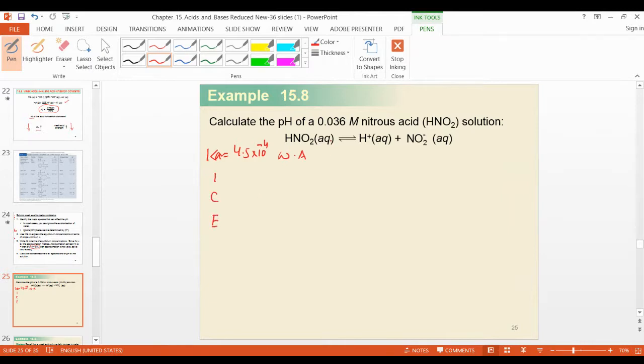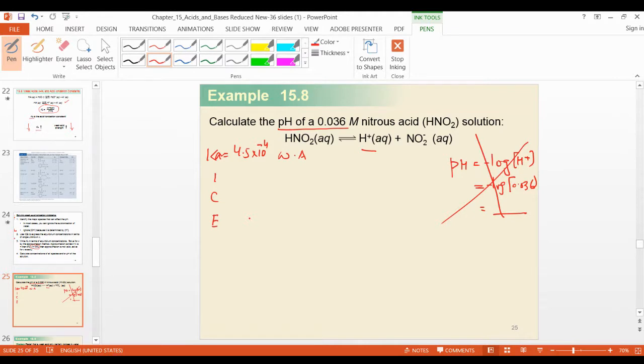We will not calculate directly, because of the pH calculation. If you do pH like this, pH is equal to negative log of hydrogen ion concentration, because this is an acid, and you calculate minus log 0.036, you will get a wrong answer. Why is it wrong? Tell me now.